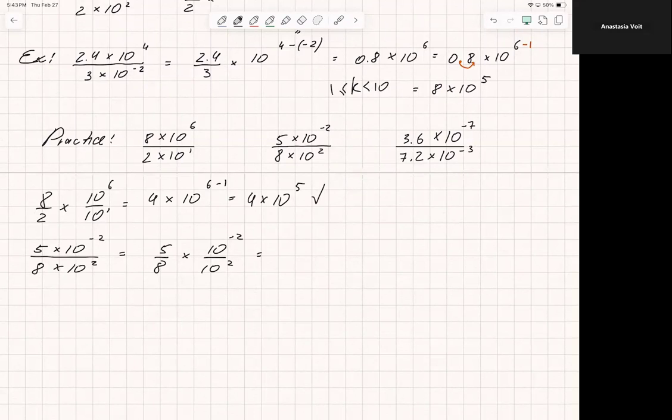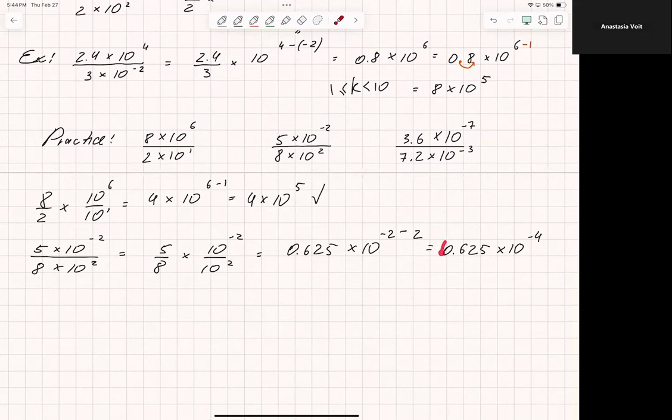So 5 divided by 8, that's going to be 0.625 times 10. We have negative 2 minus this 2, right? So we would write it as minus 2. So we have, in this case, 0.625 times 10 to the negative 2 minus 2, that's going to be negative 4.